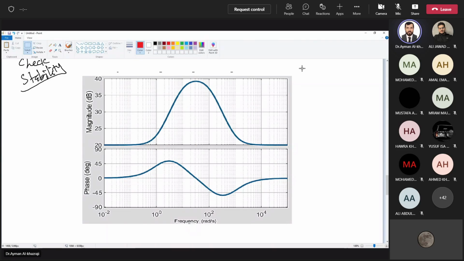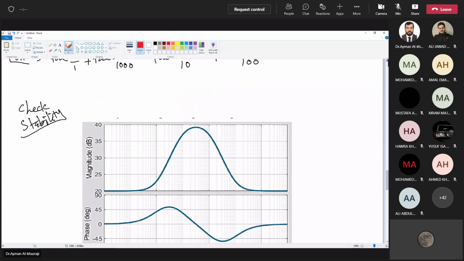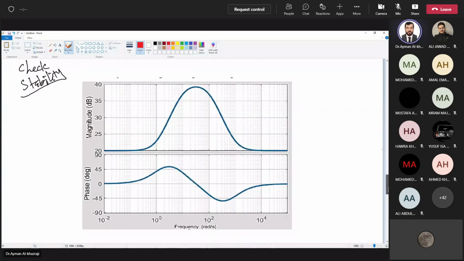What is the topic, students? Which subject is this? Magnitude in decibel. Which subject? Bode plot. Bode plot, very good. So this is Bode. Stability in Bode means gain margin and phase margin. We don't have anything else. You agree with me?